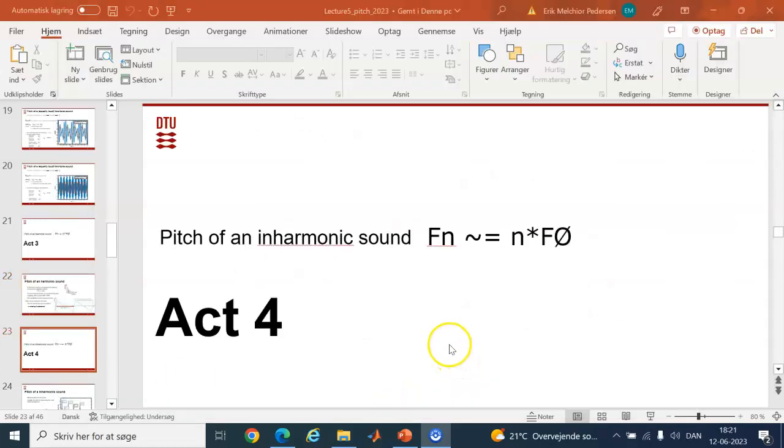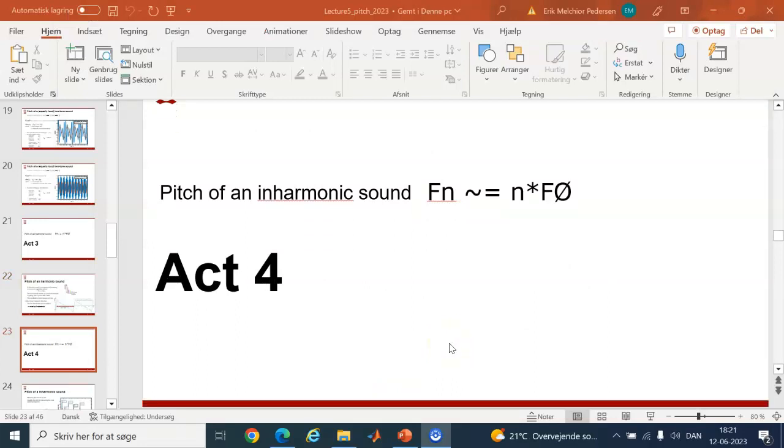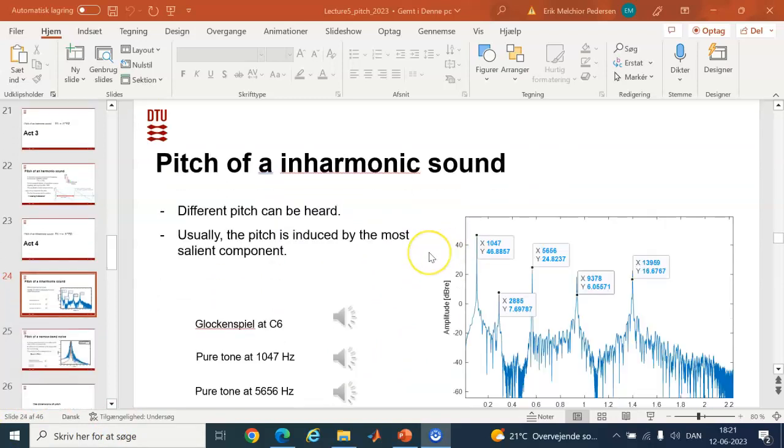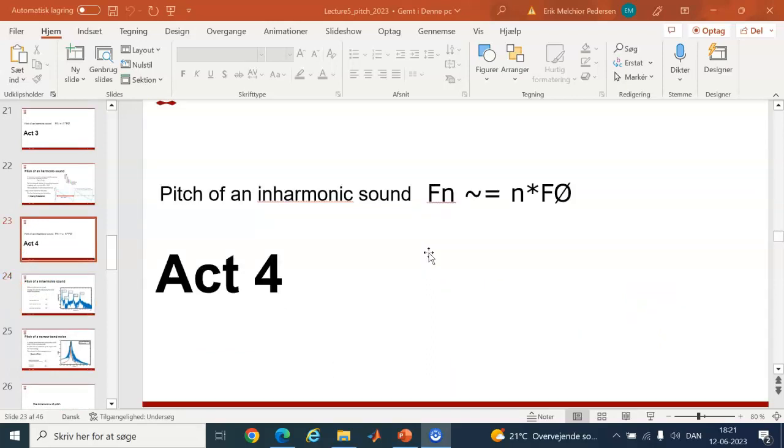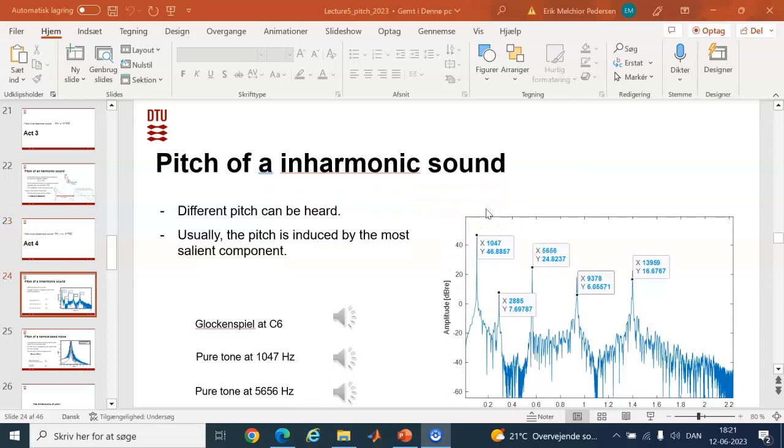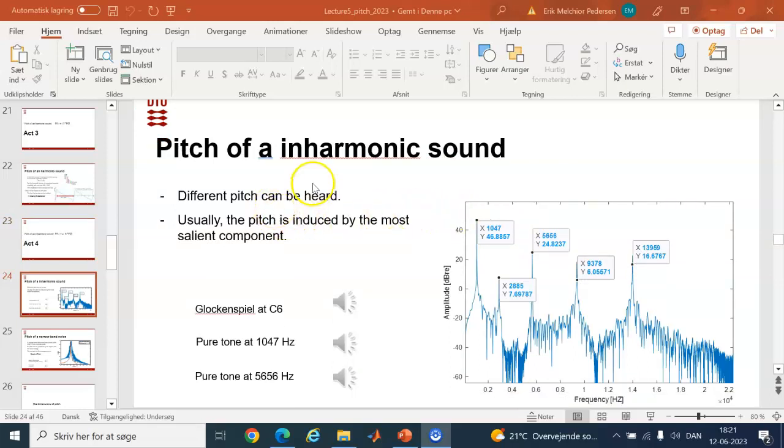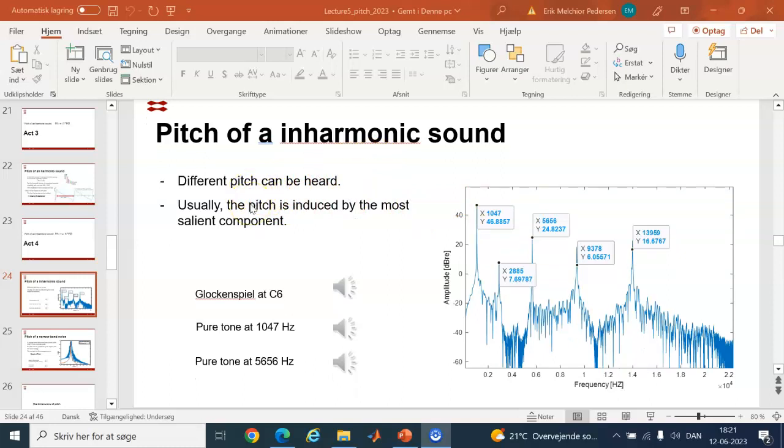Then pitch of an inharmonic sound: Fn is not n times F0, it should be different from this. Different pitch can be heard. Usually the pitch is induced by the most salient component.